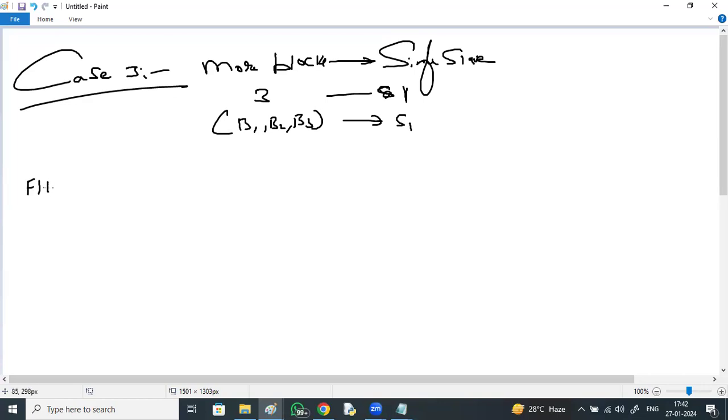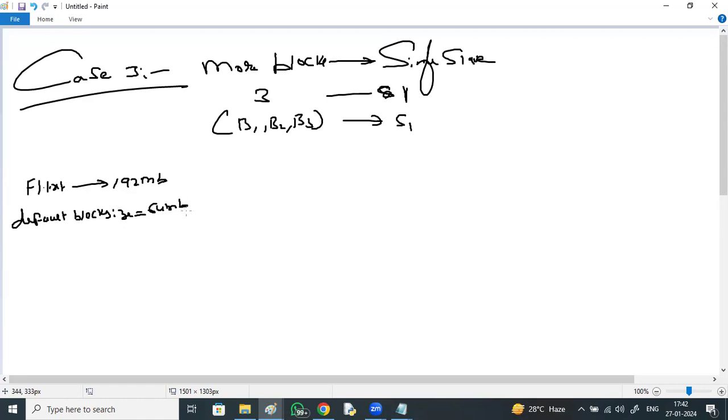Assume the F1.txt file size is somewhere like 192 MB. Default block size, how much? 64.